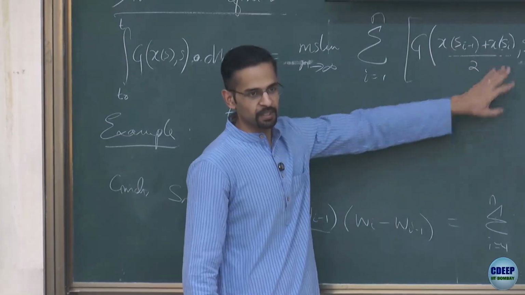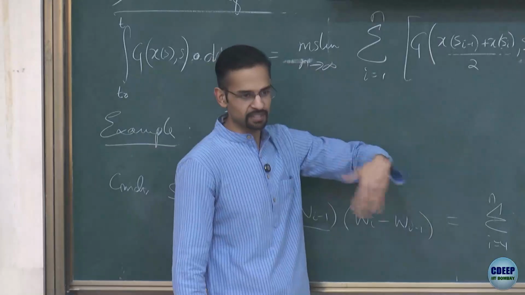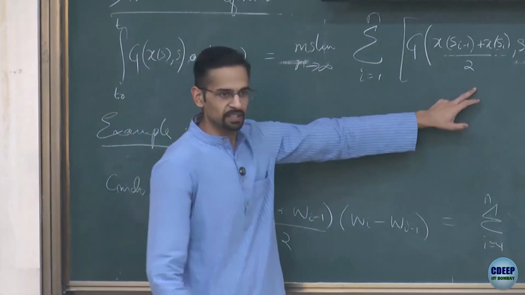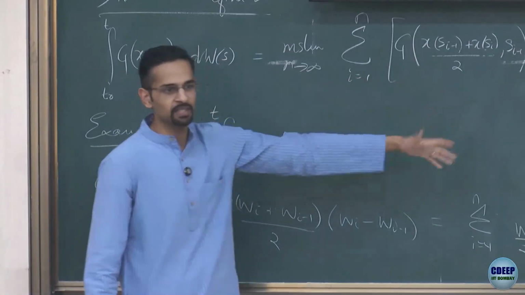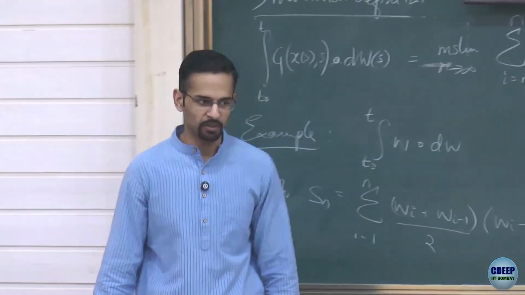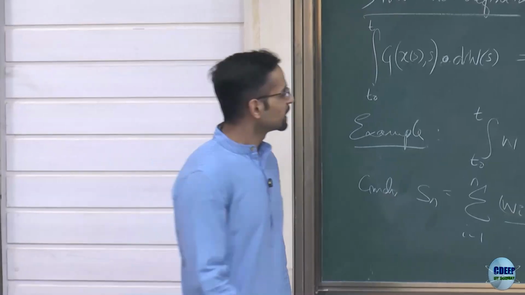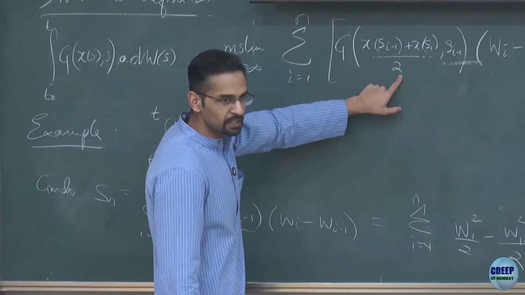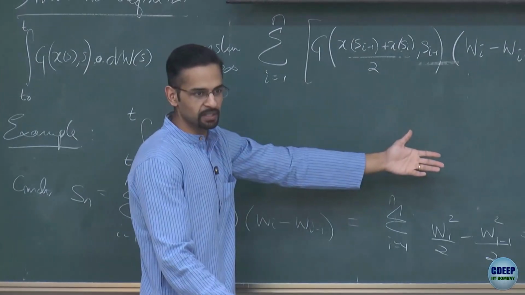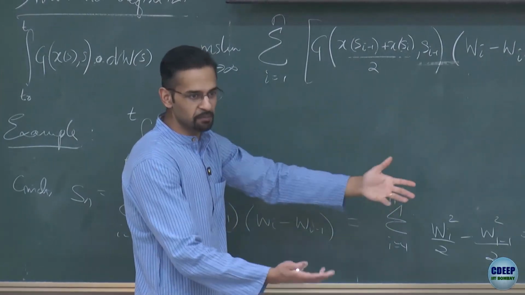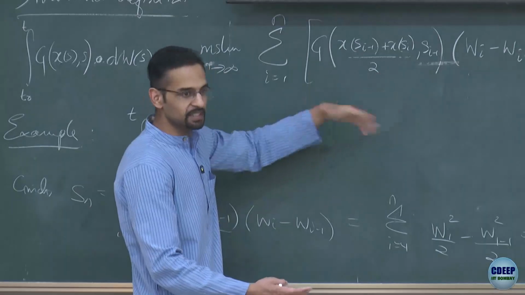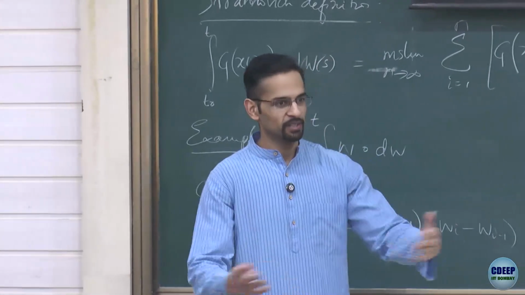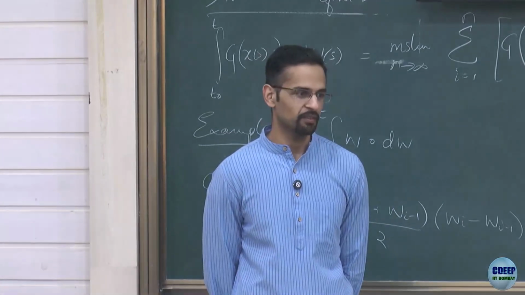But all of this is very hand-wavy and heuristic. It's just to give you some initial idea, some motivation for this half. The half is coming for the same reason that we use the Euler midpoint rule. Stratonovich realized that if I take the midpoint, I will not get any corrections to the Riemann integral, because those dW squared type terms will vanish, just like dt squared terms vanish in the Euler midpoint rule when you do the Taylor series argument to derive the numerical method.